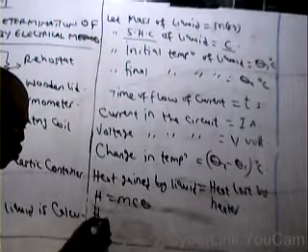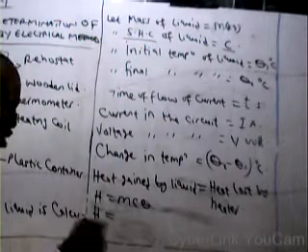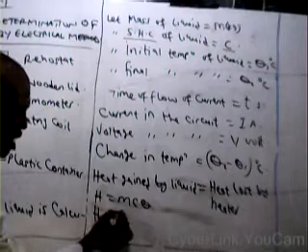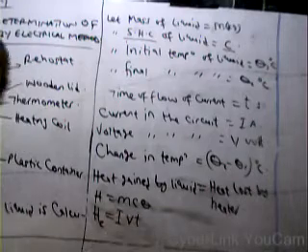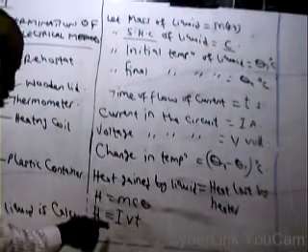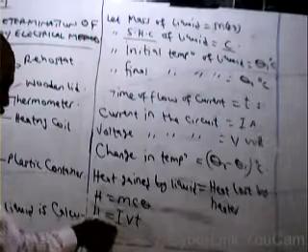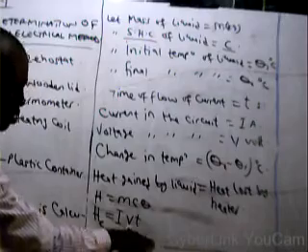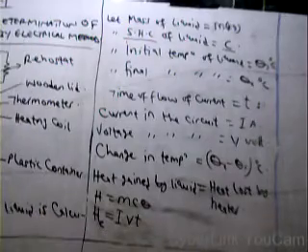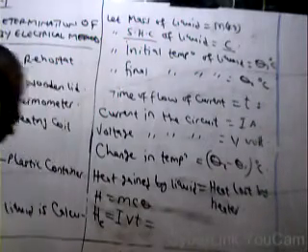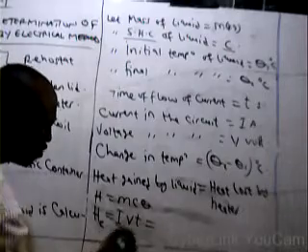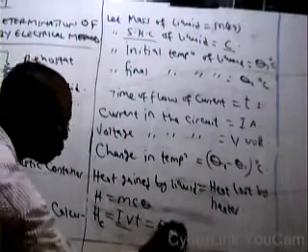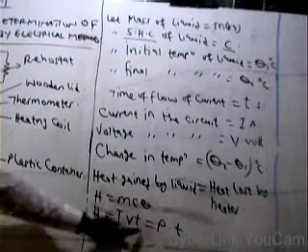Electrical heat energy is given as IVT, that is current in the circuit and potential difference in the circuit multiplied by the time of flow of the current, which we can also transform into IV being power, multiplied by time.